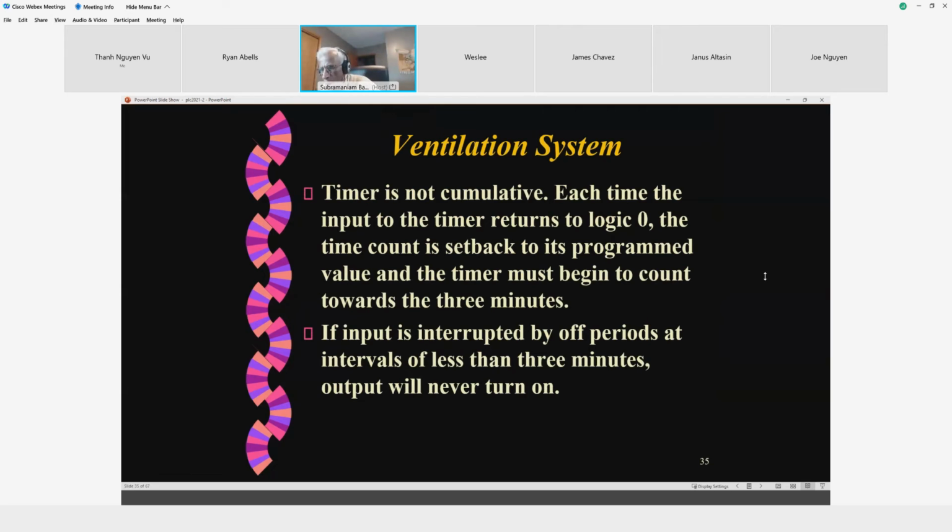Assume there is some magical device inside, like the rotary timer that I brought, which is no longer used in very advanced applications. You have a little digital timer inside. So if you program a time into it, the digital timer is triggered when the input is on, and it's going to start counting towards the 3 minutes.